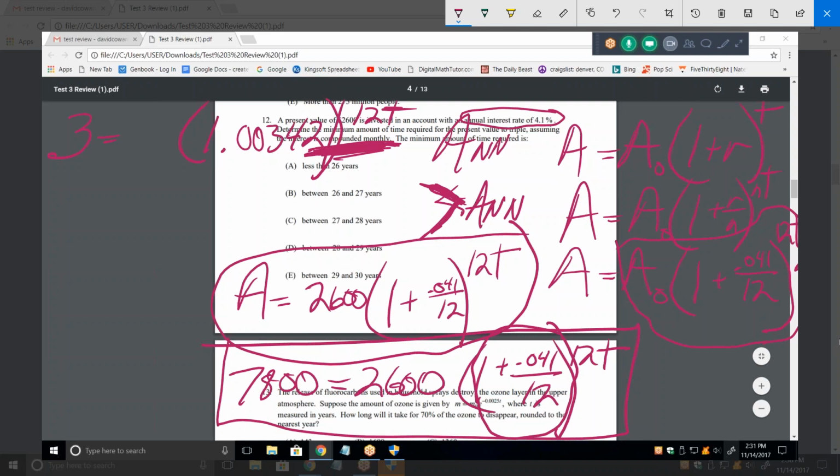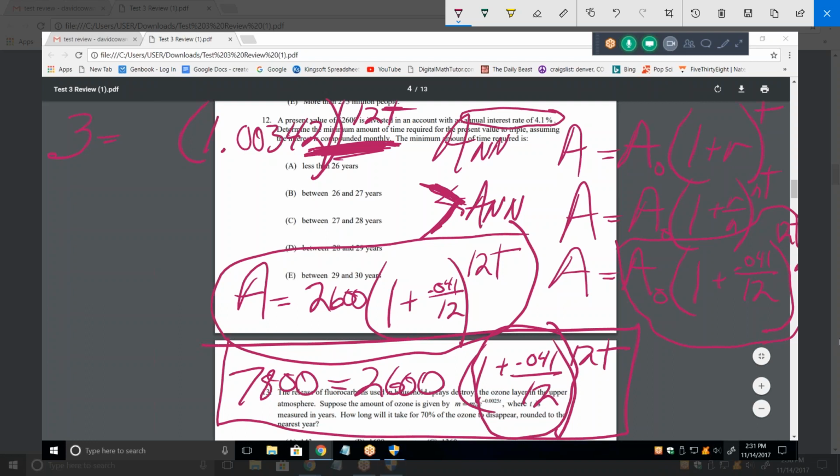What do you do? You put each side to log base 1.003. Well, that's a hard way to do it, to be honest with you. I know that some schools teach that, but trust me, it's easier if you just always take the natural log of both sides, regardless of what this number is, regardless of this base.